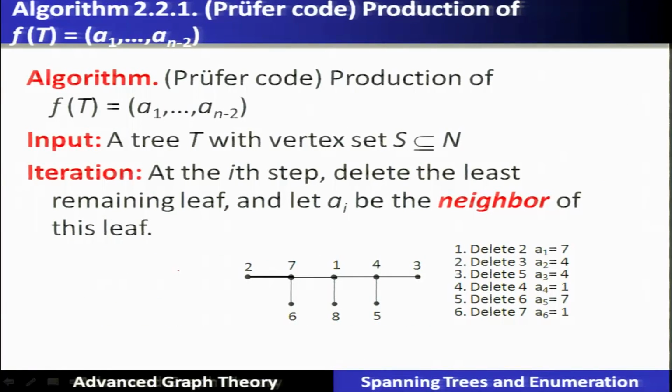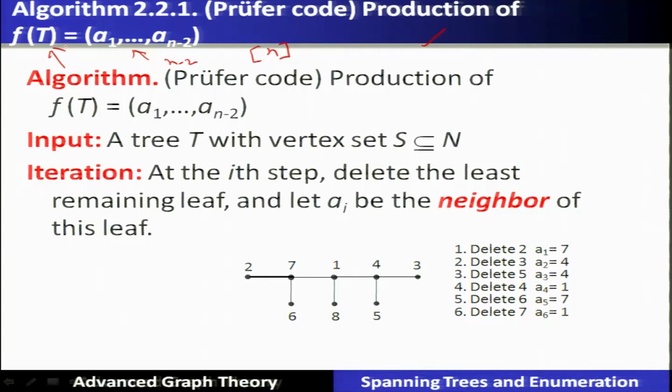Let us see the algorithm for the Prüfer code. The Prüfer code will produce a code of length n minus 2, that is the numbers a1, a2 and so on up to a(n minus 2). These numbers are drawn from the set n, and so given a tree, this function f will produce a code, and that is called a Prüfer code.